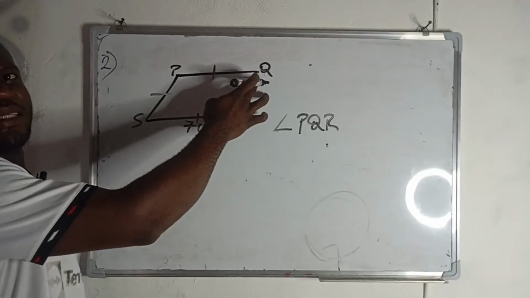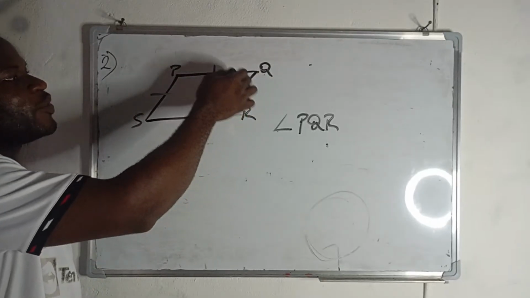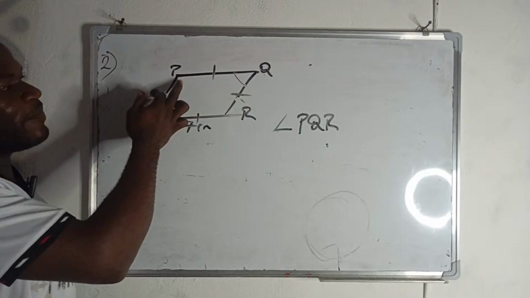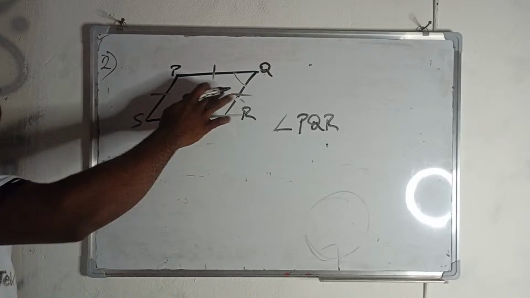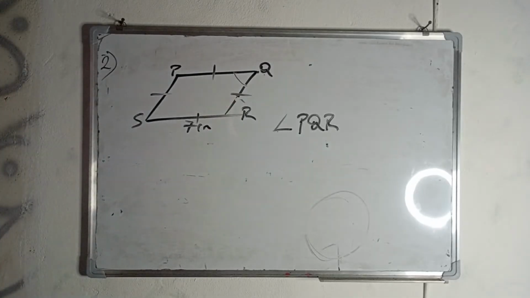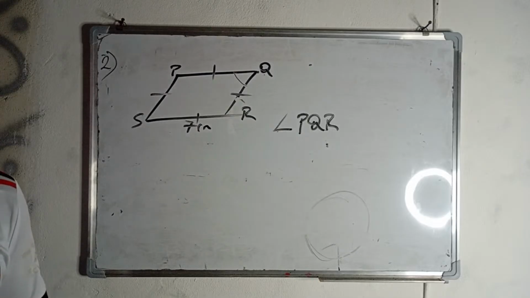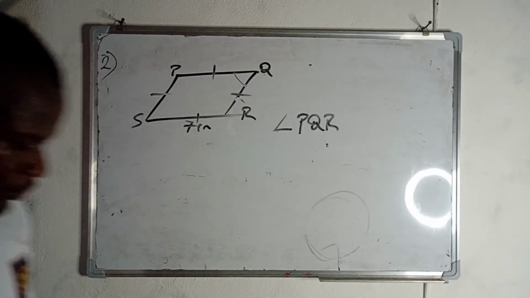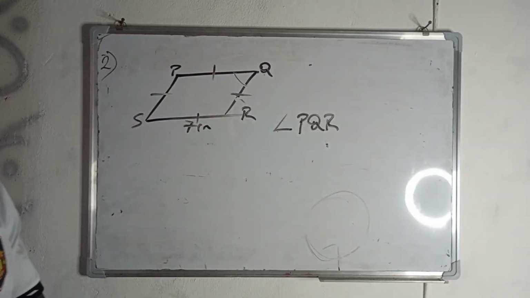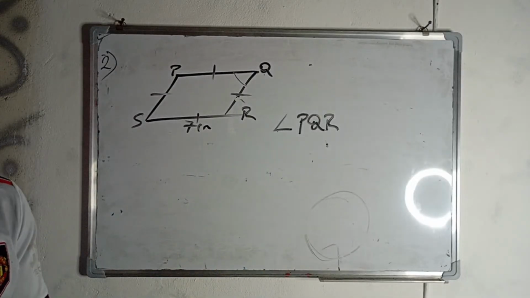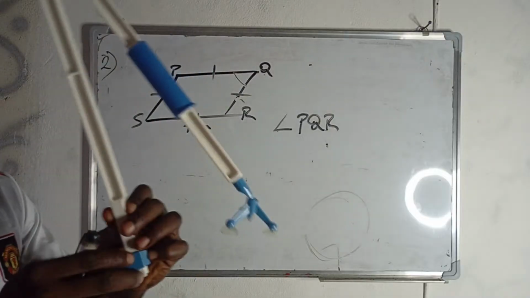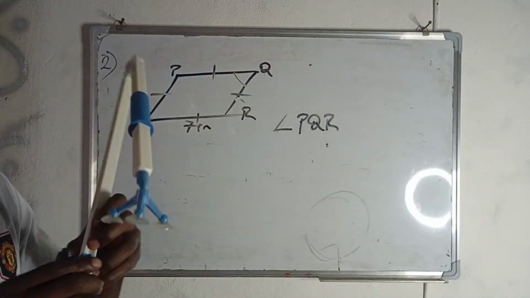This is the middle one, telling you that you are looking for the distance between line P and line R. So here, constructing 60 degrees will be more difficult for you.